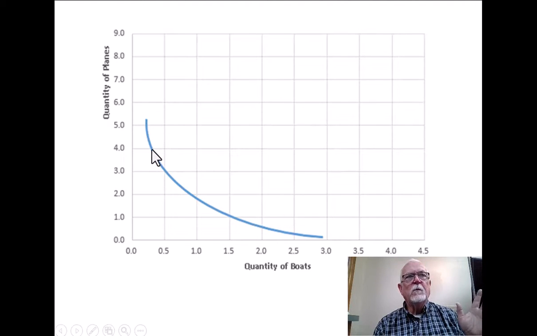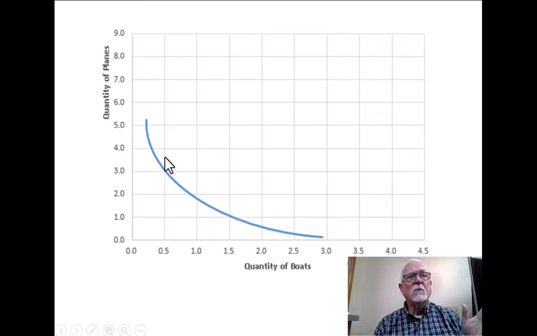Would you feel more satisfied? In other words, would your total utility be higher, less, or the same as if you were given the ability to purchase 1.5 boats and 1 plane?